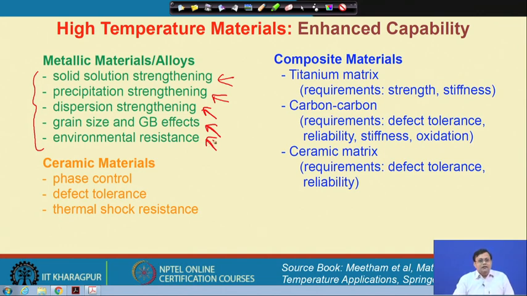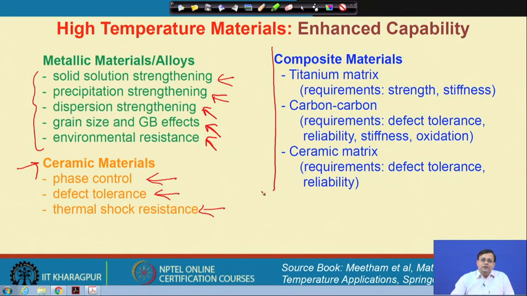In another class of material, there are other important aspects, like ceramic material, which is also used for higher temperature application, where the volume fraction of different phases, defect tolerance, or thermal shock resistance has to be considered. In composite material, we have a metal matrix and incorporate some second phase ceramic fiber or particle in order to use the material at higher temperature.